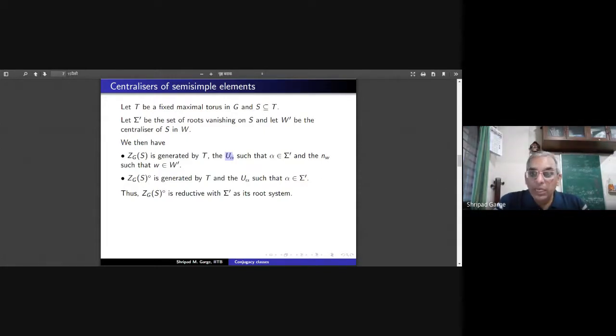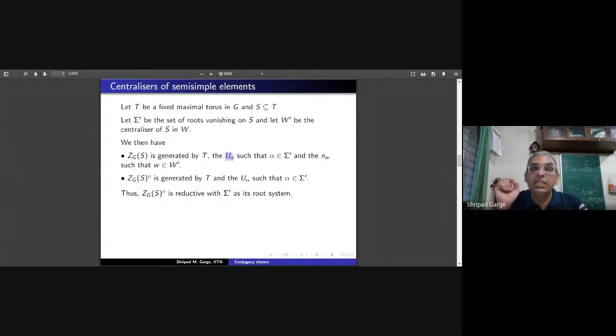And the U alphas, whenever alpha is in sigma prime: alpha vanishes on S, so the value of alpha on S is 1. And we know that the torus T is acting on U alpha by the character alpha. So again, U alpha is something which is there in the centralizer. And once again, the NWs, where the W is coming from W prime.